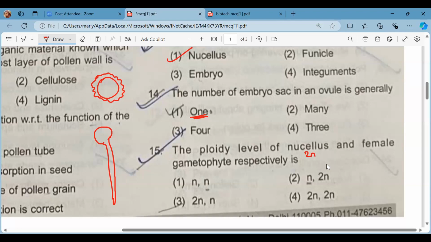Haploid or diploid? Haploid. Correct. It will be haploid because the gamete will always be haploid, so as to form a diploid zygote. So which option is the correct option? Three. Correct, exactly the third one.